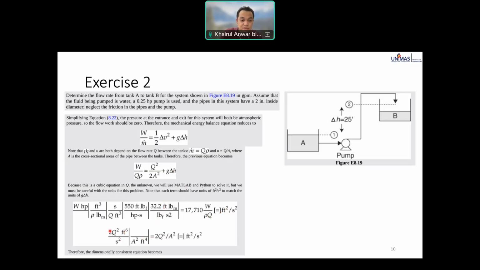Okay, this is for this term, equal to feet cubed feet squared per second.